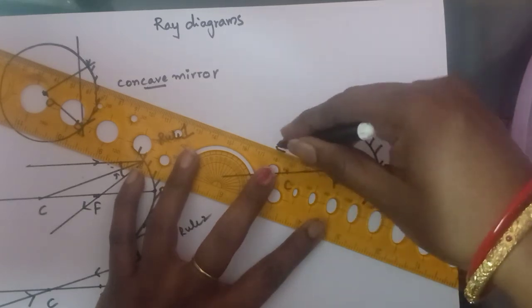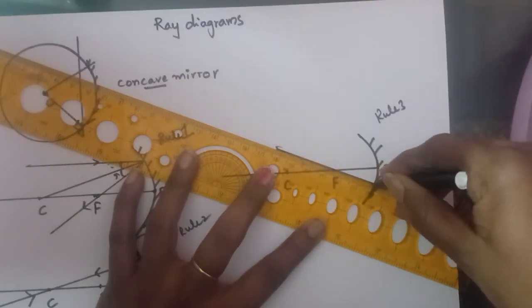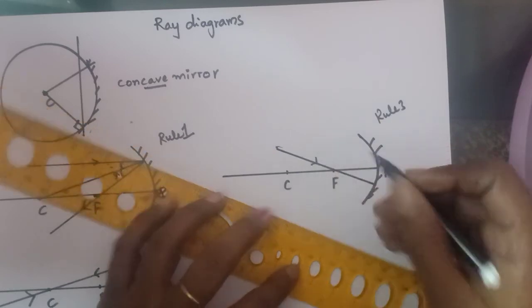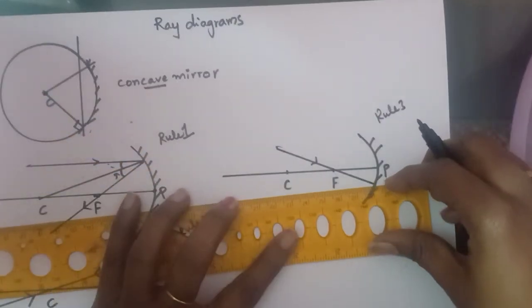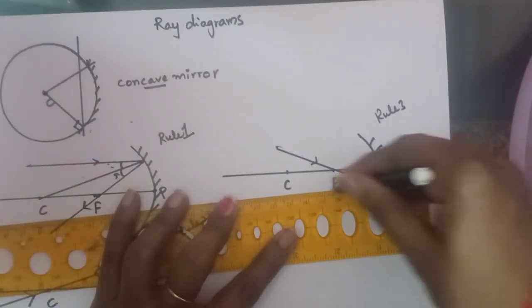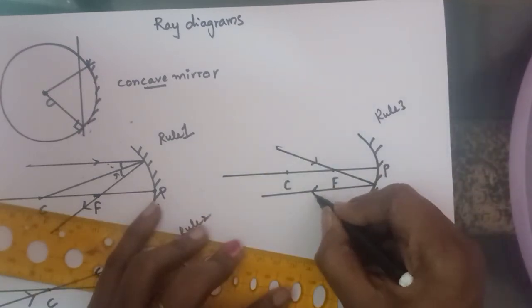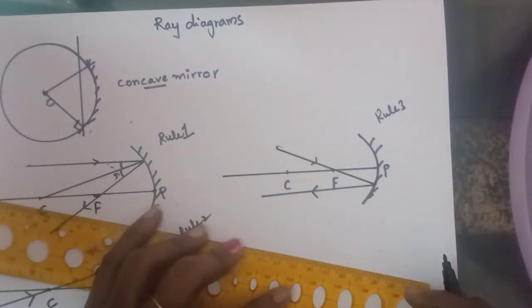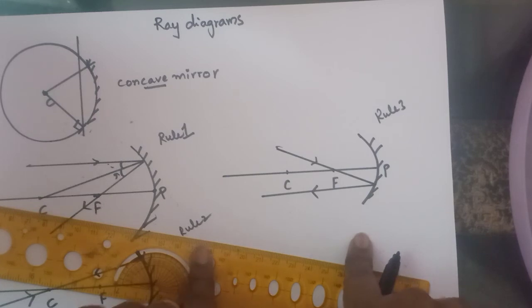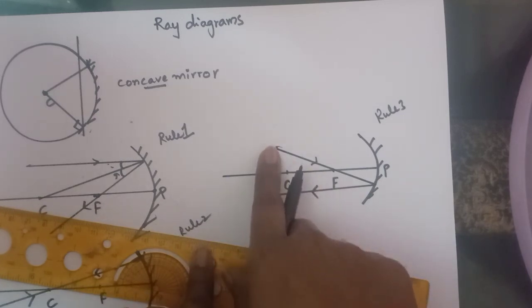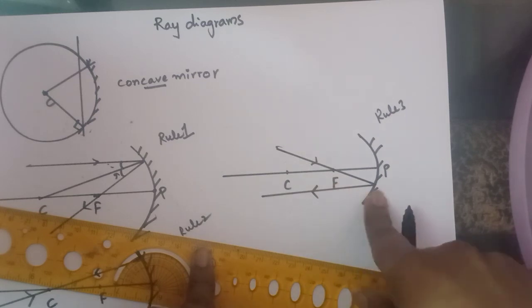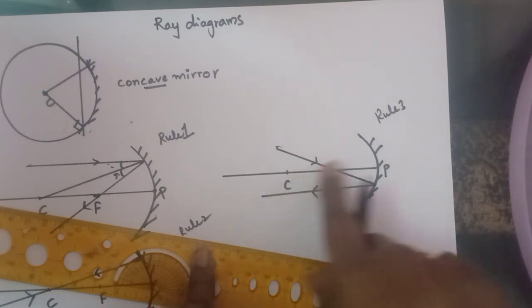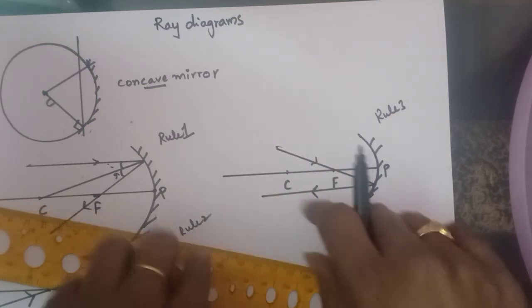The incident ray, the light ray which falls on the mirror and passes through the focus, will reflect back parallel to the principal axis. It is just opposite to rule 1. Okay, very simple. The light ray which is passing through the focus will reflect back parallel to the principal axis.